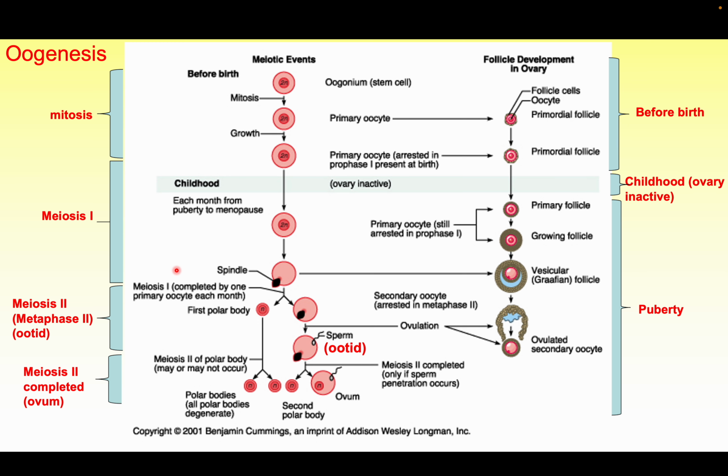This primary oocyte will continue to mature, will continue to grow, and produce a secondary oocyte, which is actually arrested in meiosis 2. Once ovulation takes place, this secondary oocyte will be released, and if a sperm is able to fertilize it, it will complete meiosis 2.